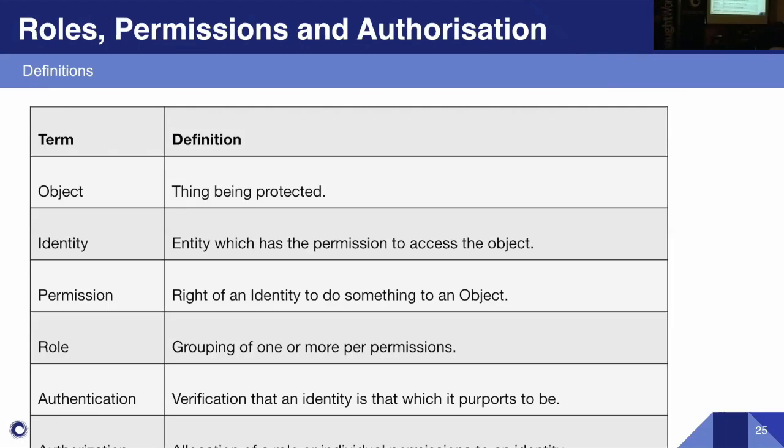A role could be deemed a group of permissions. So sometimes people mix up, like super user as a permission, when super user is probably a role, and the role has a whole stack of different permissions. So authentication we've already heard about. The next one down that's off the slide, off the bottom there, is authorization.